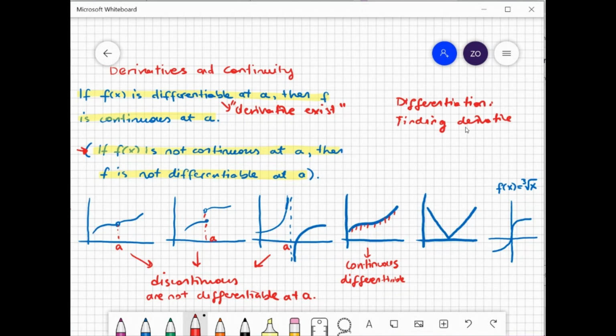Look at the next case. So here at A, although the function is continuous, the derivative does not exist, and we will discuss why.